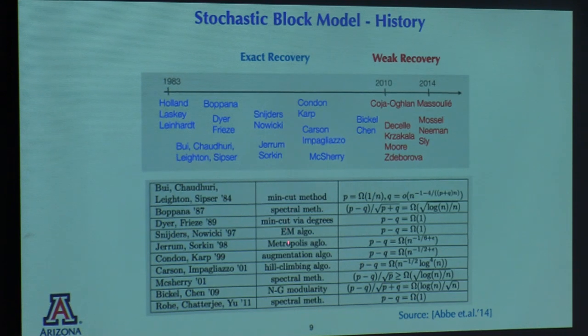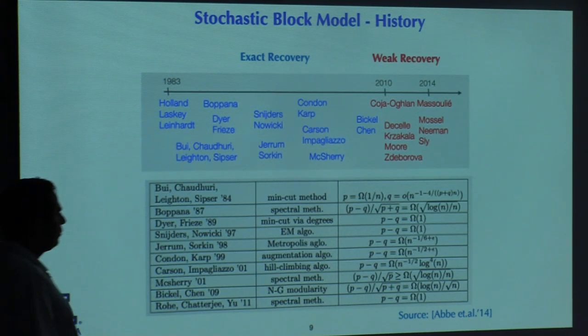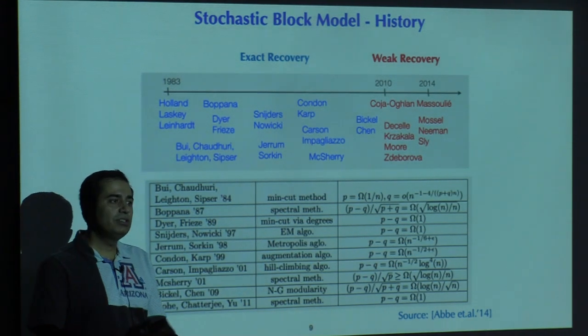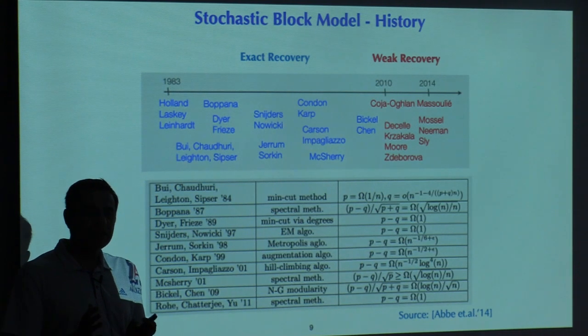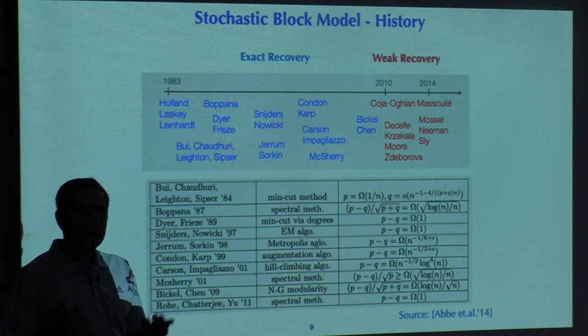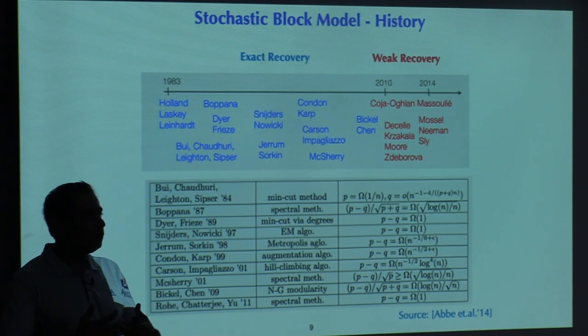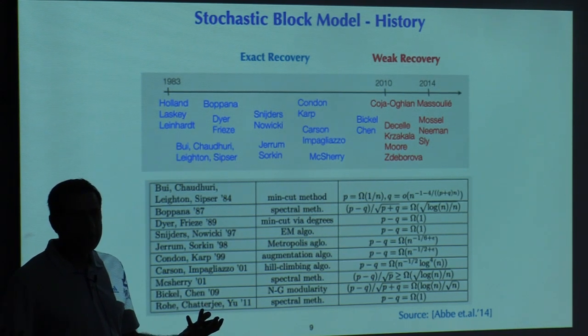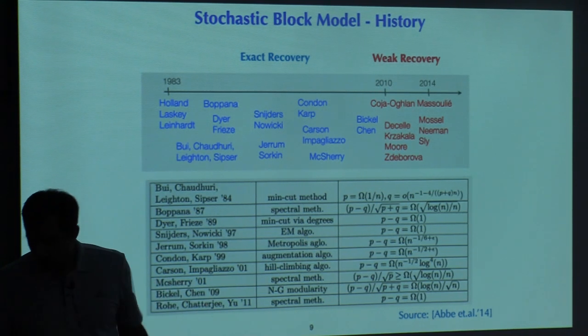As you go along the decades, you would see that the separation between P and Q was reduced. So algorithms would need smaller and smaller separation to still do recovery. The smaller the separation, the better the job you're doing, and even closely related communities could be separated. Is that clear? Okay. Alright.